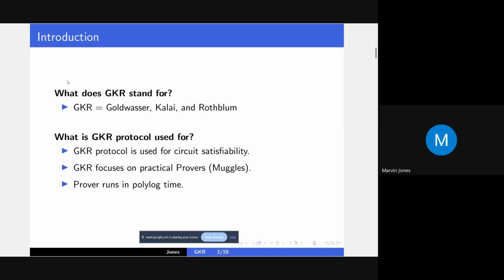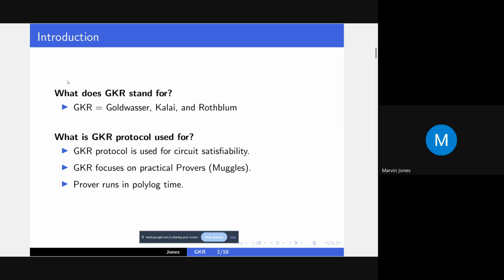But this can be problematic because, as we are seeing with ZKVMs, maybe you don't want to require every proving party to have a GPU or some powerful setup, depending on what application you're going to do your ZKVM for. So they focus on practical provers, which they call muggles.